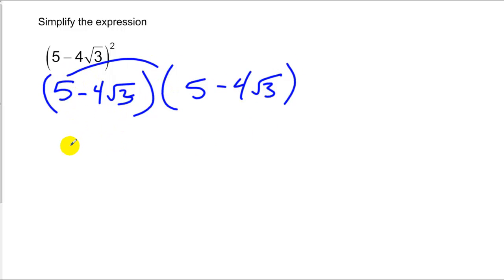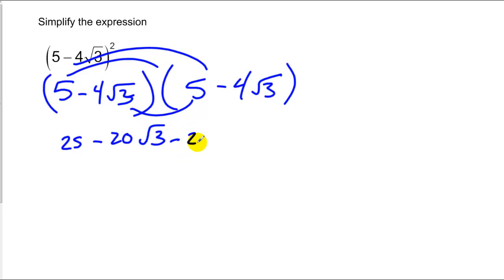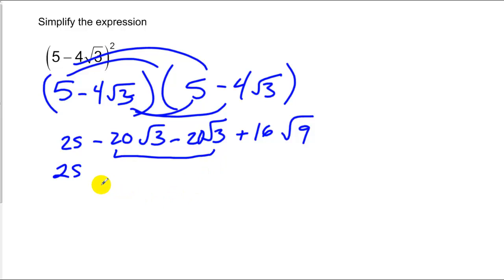So I have 25 minus 20 root 3 minus 20 root 3 plus 16. Root 3 times root 3 is root 9. And I can add the like roots.